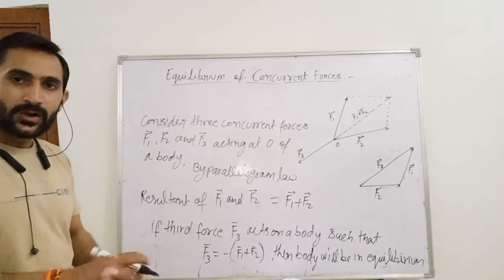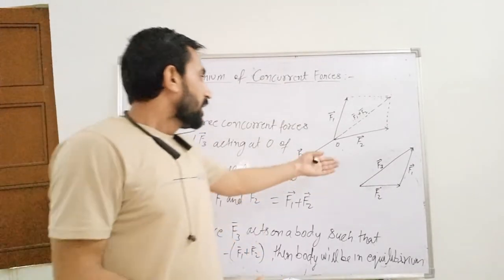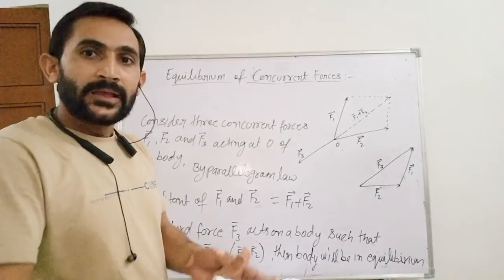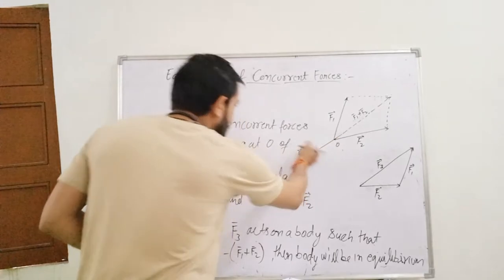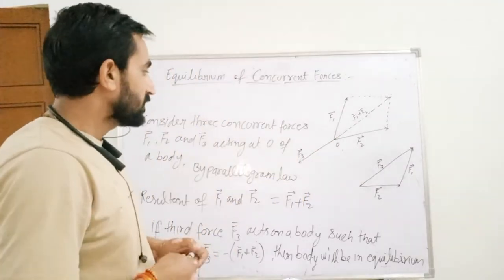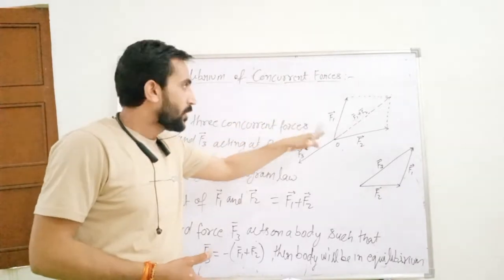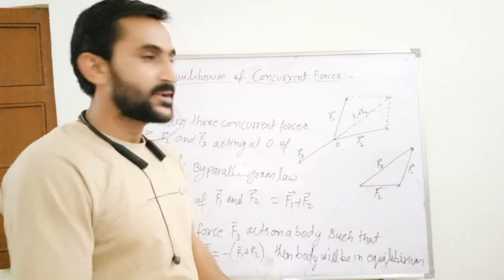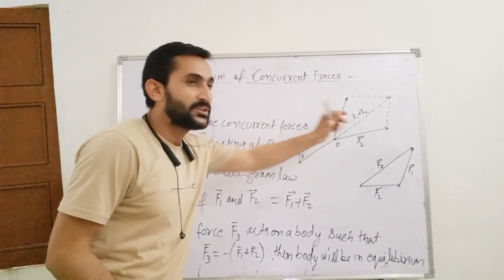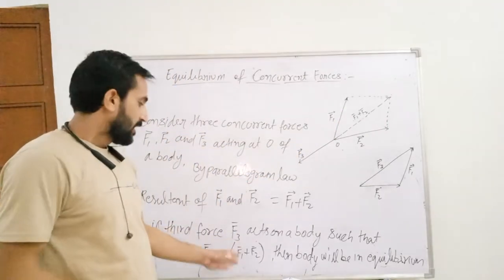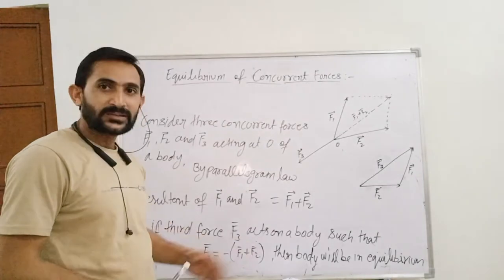Okay. Suppose, students, there is a third force, and the condition is that it is in the opposite direction to the resultant of these two forces, applied on this body at the same point O. Then F3 will be equal to minus the vector sum of F1 plus F2.